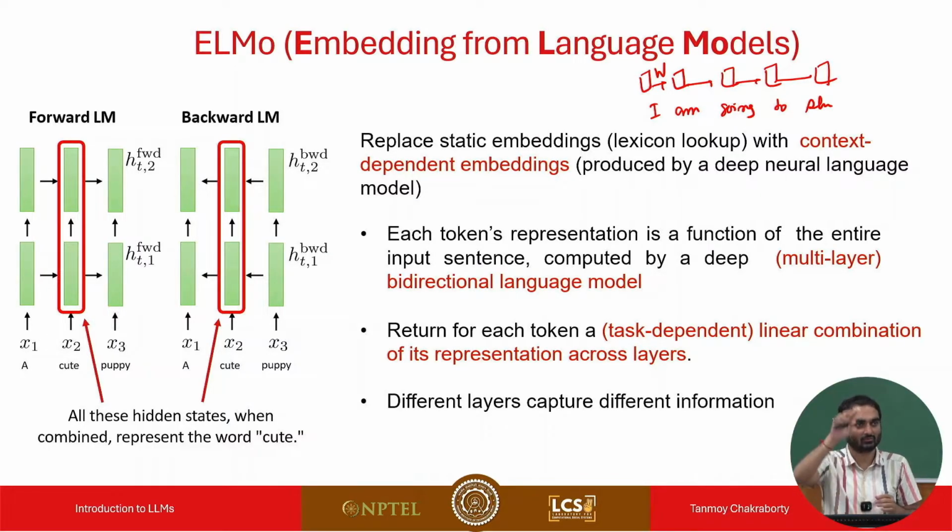You do backprop and then you update W_H. Then again you pass another sequence, you update this, and so on. Now think about it, what is happening here? So the claim is that the hidden state will act as an embedding.